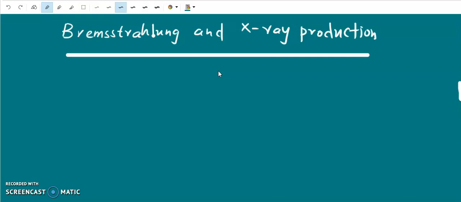Now suppose we have a beam of electrons which is accelerated through a potential difference of delta V. Therefore their potential energy is equal to charge into potential, that is minus e into delta V.